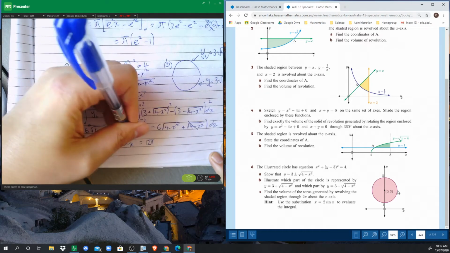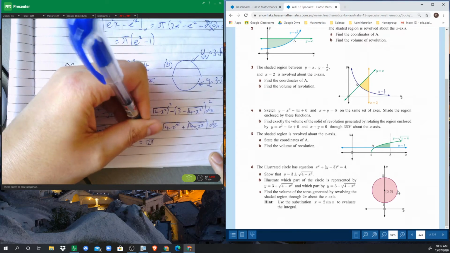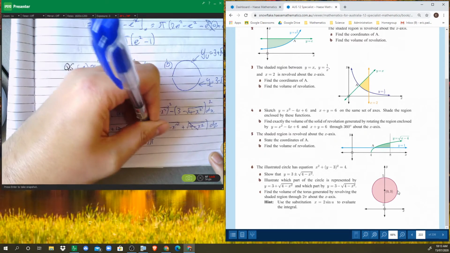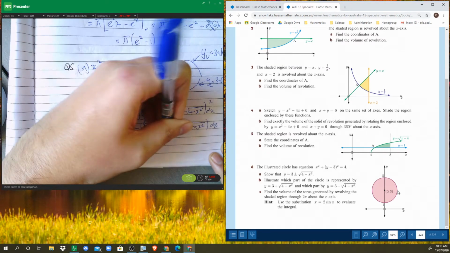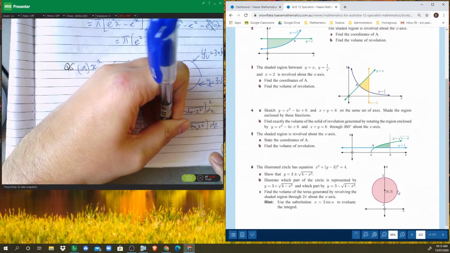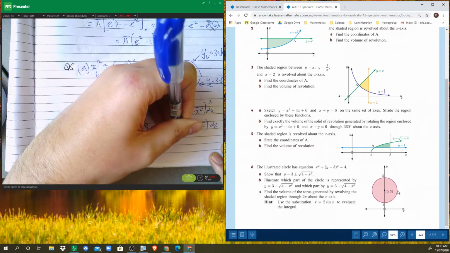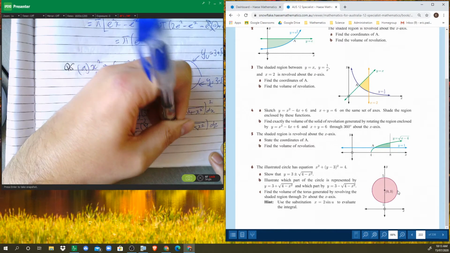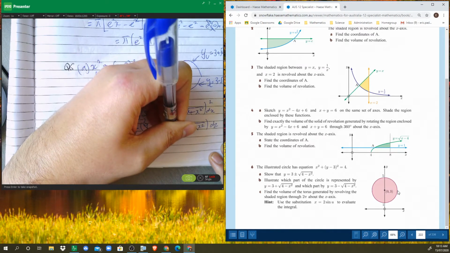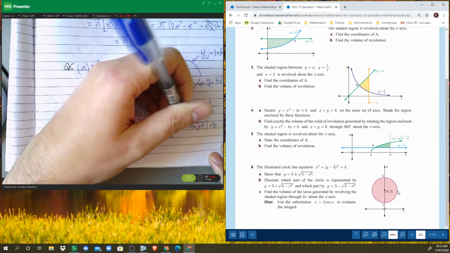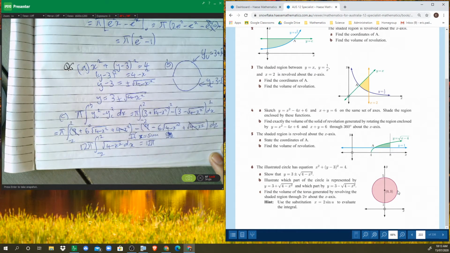All right, so now I might just write a statement: if x equals sine u, and I might just work out the root of that, du by dx.